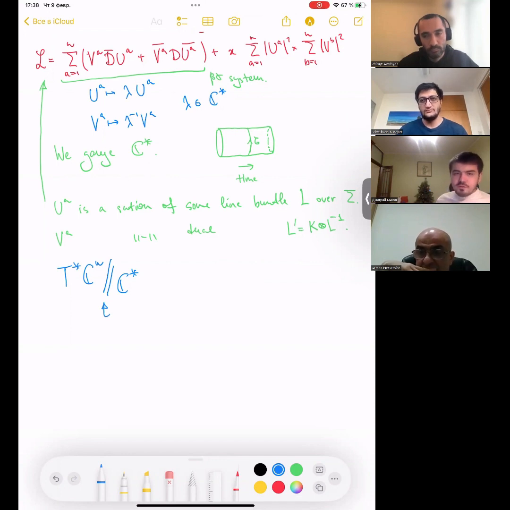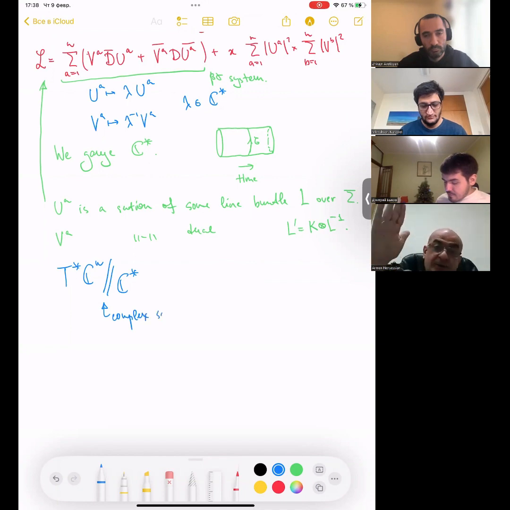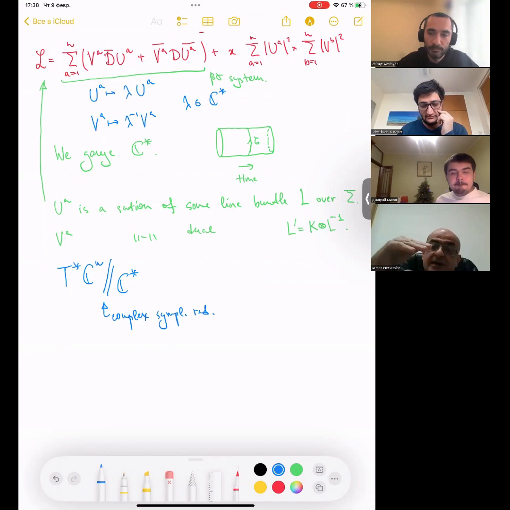No, there's no constant magnetic field. I mean this is complex symplectic reduction, right? When you rewrite CPN in homogeneous coordinates, this means that you reduce C n plus 1 by U1 and you get CPN, rewritten in homogeneous coordinates. Yes.